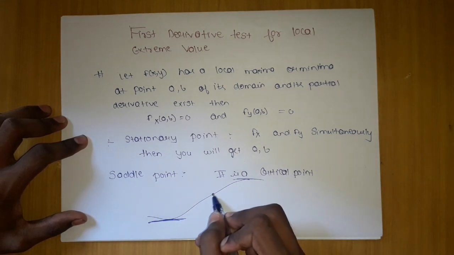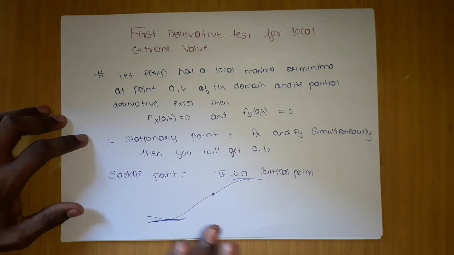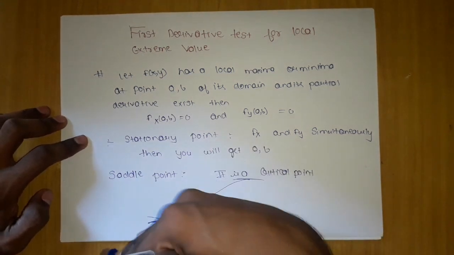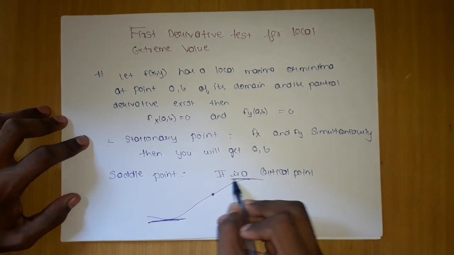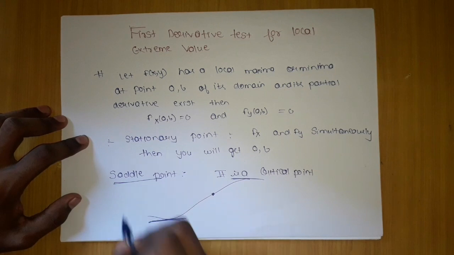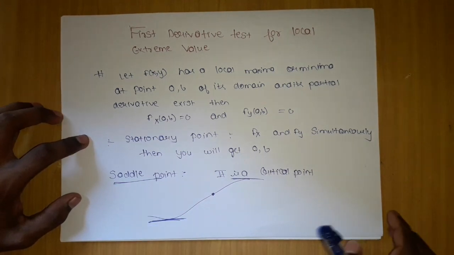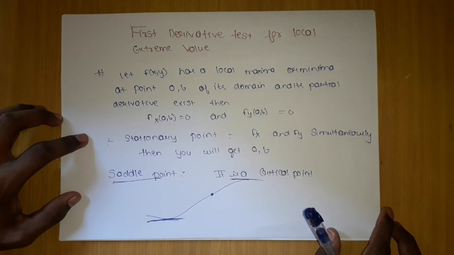But if I have some point here, then you cannot tell whether it is a maxima or minima. It might be attaining maxima, it might be attaining minima. So it depends. So in this case, these points are called what? Saddle points. And the condition to identify saddle points we will study in the second derivative test for local extreme values.